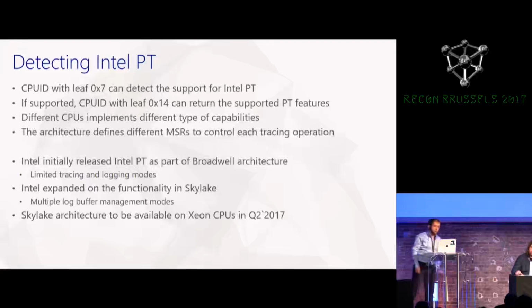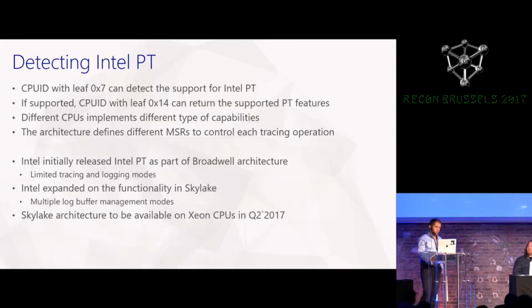Because we don't have a lot of time, I would like to be quite fast in describing how Intel PT is executed in a CPU, and I would like to concentrate on the new features of our driver.